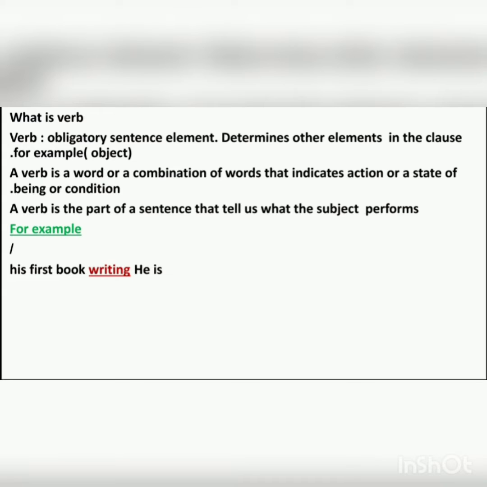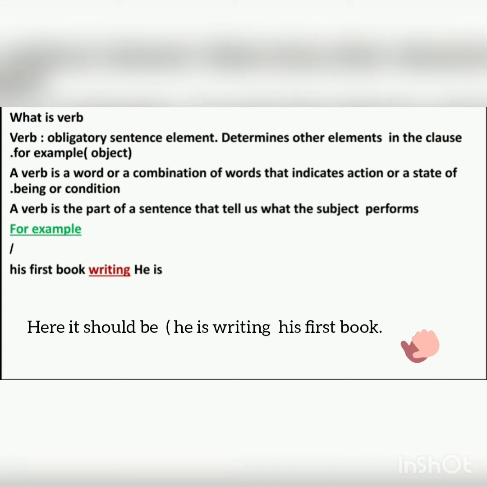Because it is very important in the sentence, and from the verb we determine other elements in the clause, like for example the object. From the verb we know what type of object and what type of sentence. Like if it is transitive or intransitive.